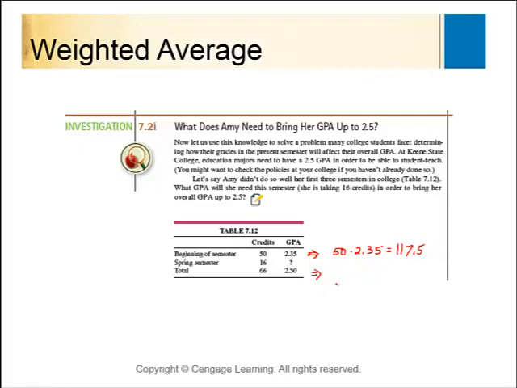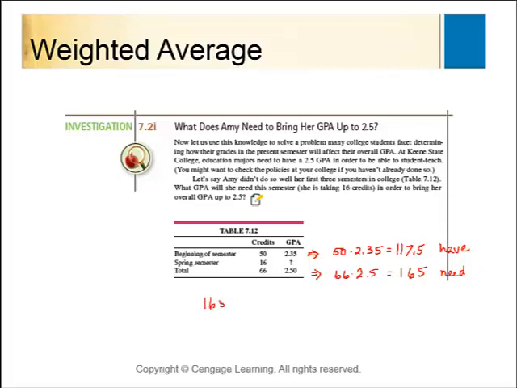This is what we have. This is what we need to end up with. We've got to have a 2.5 in order to get into whatever program she wants to be in. So that's going to be 66 times 2.5, and I have it calculated somewhere. It's 165. Reading it off my calculator. So this is what we need. This is what we have.